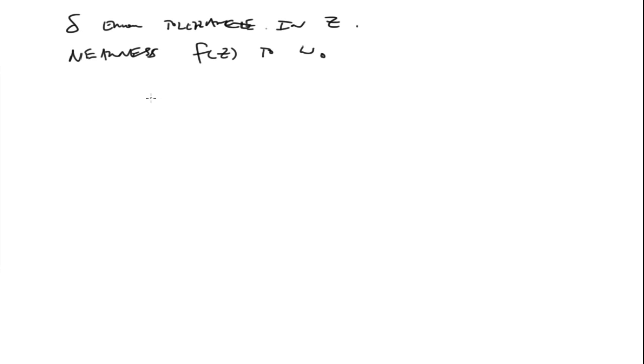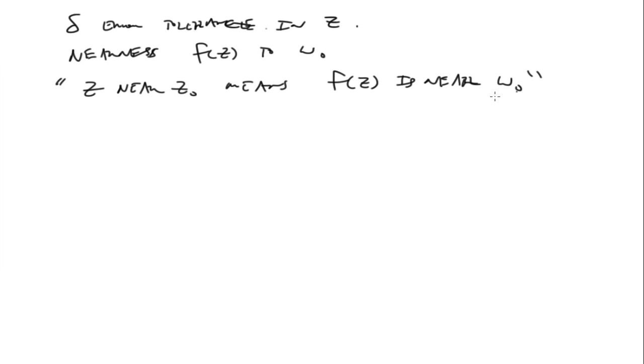So what we want to state basically is z near z naught means f of z is near w naught.